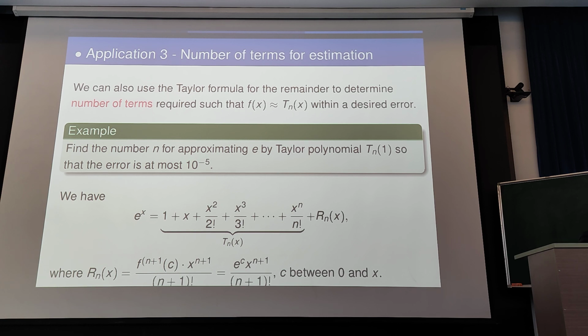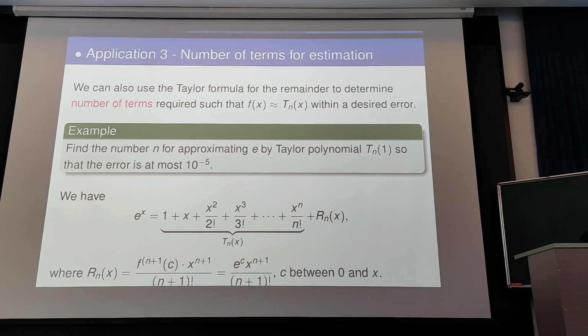Depending on the problem, you might have some requirement on how big or how small the error should be, right? So you know that if you use higher and higher order Taylor polynomials, you have better and better estimation, right?